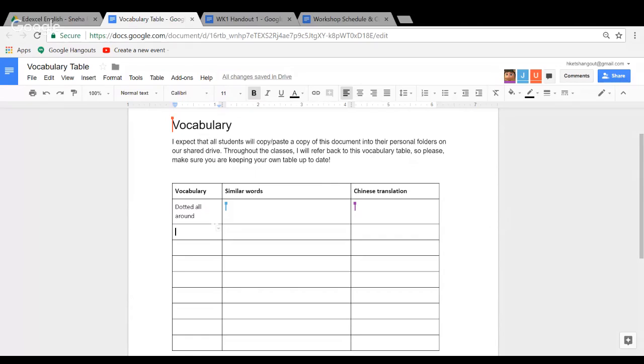Okay. You guys are gonna do split second. You always want what the other people have. It's fine. I bet these guys are like, oh, I wish I had dotted all around.